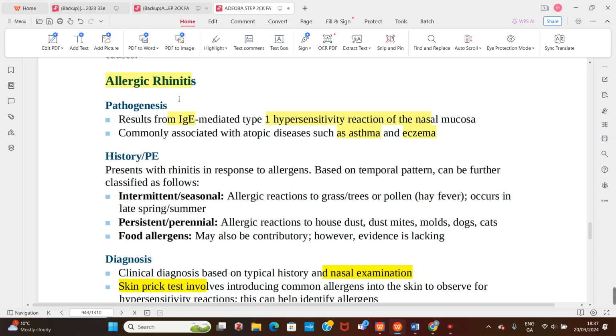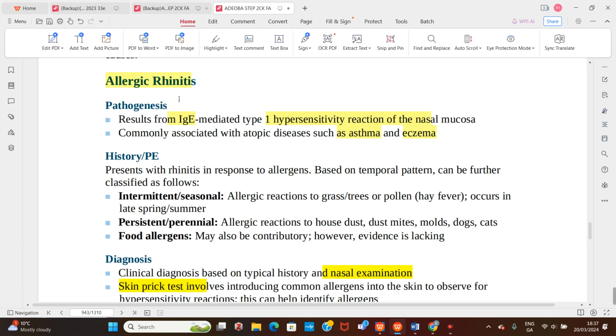You want to ask, do you experience cough, chest tightness, difficulty in breathing from time to time? Do you notice some form of lesions in your body, particularly maybe the flexor, that is very pruritic? You are trying to rule out allergic dermatitis and asthma.